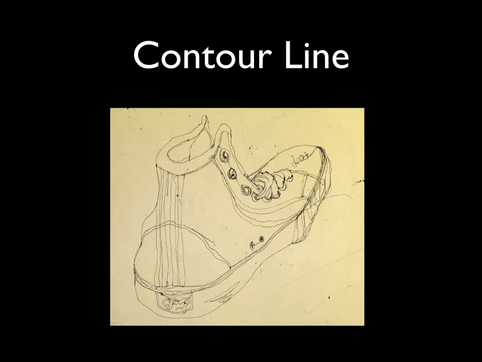So here we have a contour line drawing of a shoe, and you'll notice a couple of things on this. This is what we call a continuous contour line drawing, and these are the ones we're going to be doing in class. They are actually just drawn with one line, and if you notice that they're drawn very slowly, you can tell by the quality of the line.